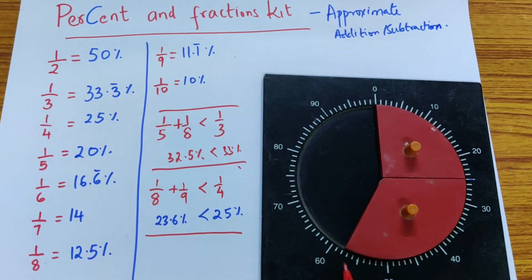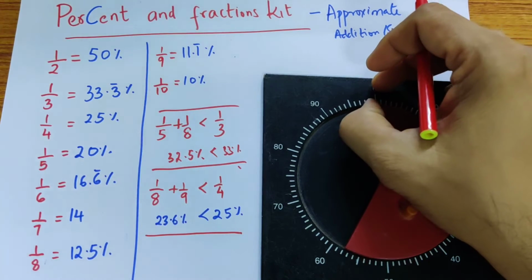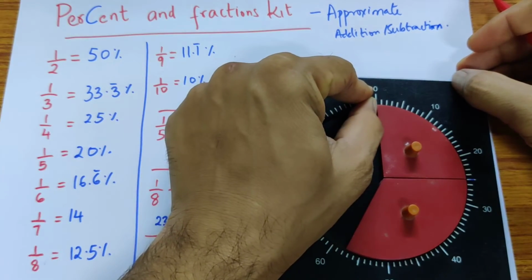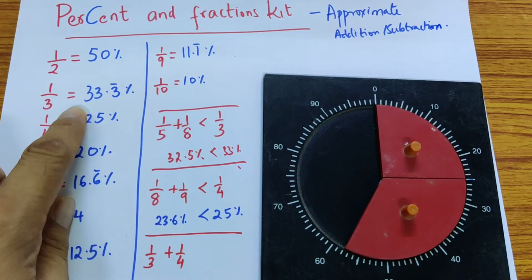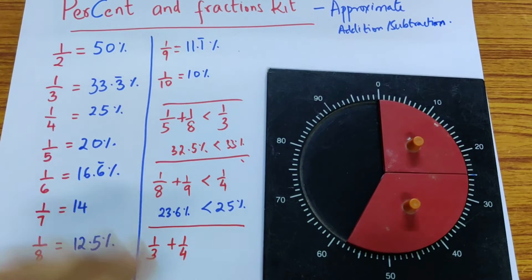So this is basically coming, so that's 33 plus 25, so it's 1/3 plus 1/4. So I know this is 33.3, I know 1/4 is 25, so that is 58.3. So that's what I'm getting, 58.3.